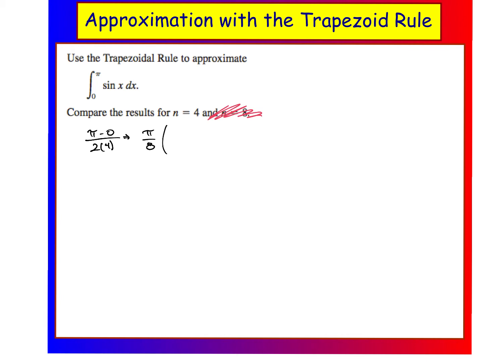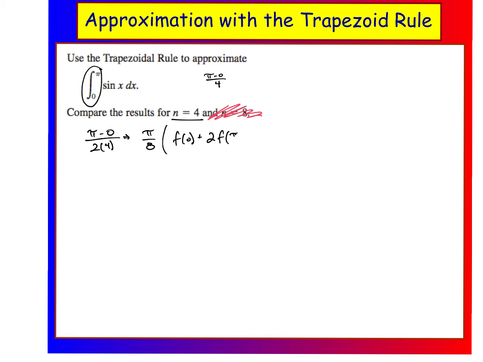All right. So I have pi over 8, and then I need to do f of 0. And then plus 2 times f of what? If I have 4 partitions and I'm going 0 to pi, so I'd have b minus a over 4, right? So my partition is pi over 4. So every interval of pi over 4 we're stepping.